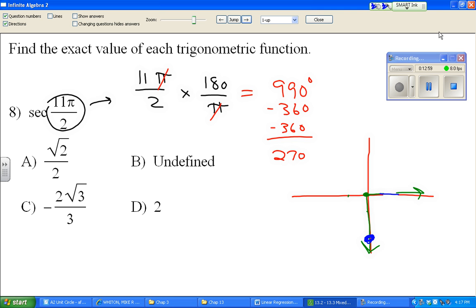If there's some point down here on the terminal side of our angle, the coordinates of that point, the x and the y value, I always start off with one of them being 0 for these special angles, and in this case it's the x. The x is 0, because we're not to the left or right any, we're directly on the y-axis. Now the y value is a negative value, because it's down below here.